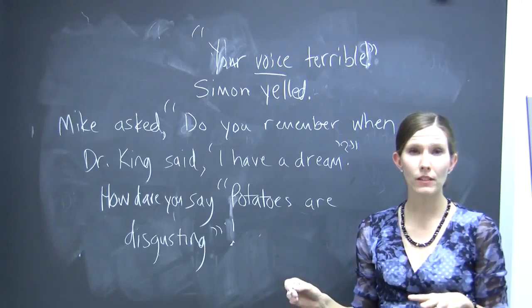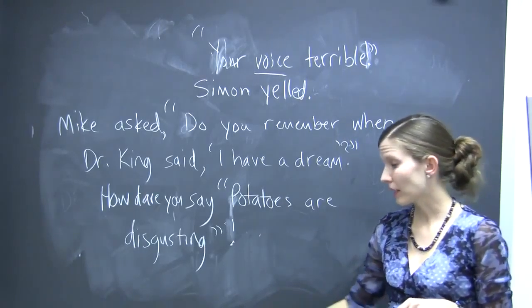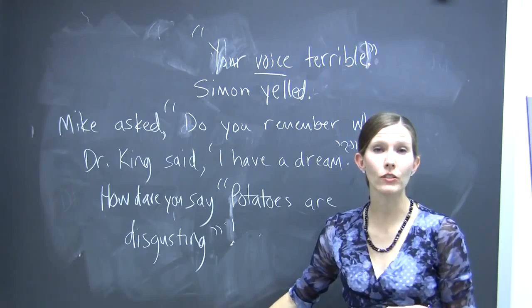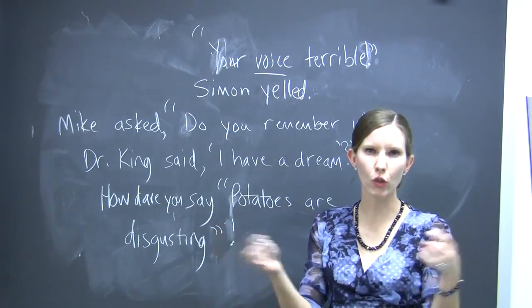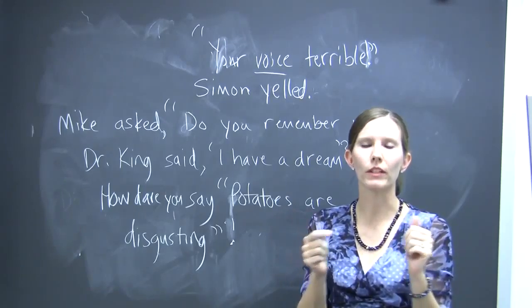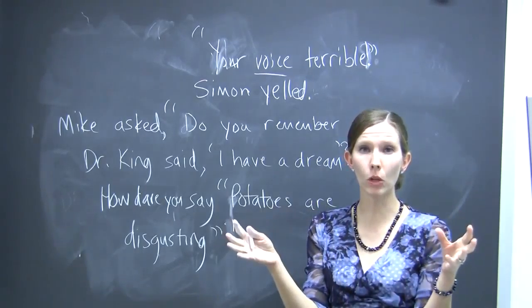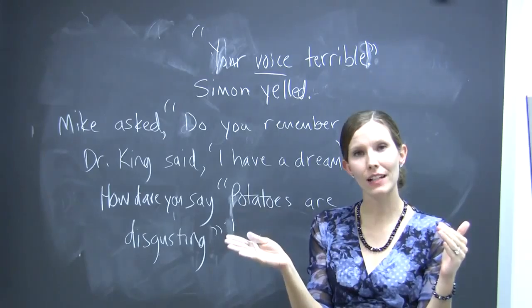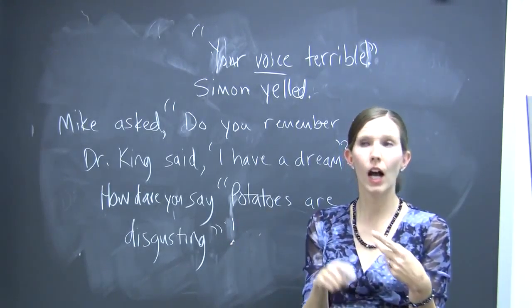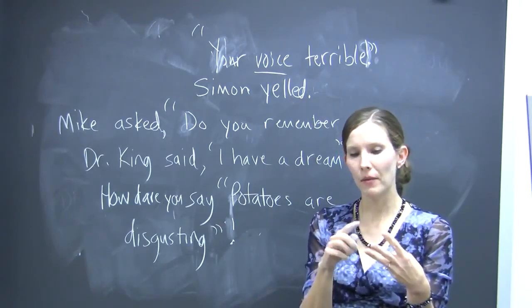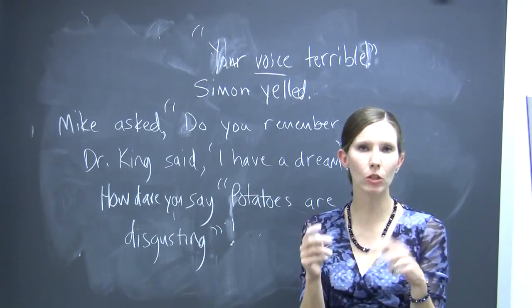There are two other reasons when you would use quotation marks in your writing. The first one has to do with if you're using the title of a book or some work that's shorter. We'll talk about this more, but if you are using the title of a longer work, you italicize it or underline it. If you're using a shorter work, like a poem, the name of a song, the name of a chapter within a book, then you put quotes around it.